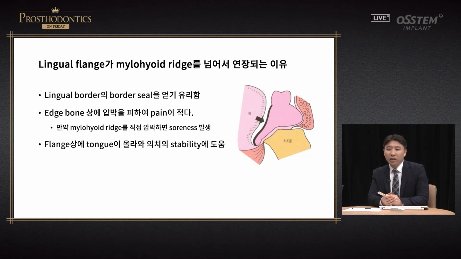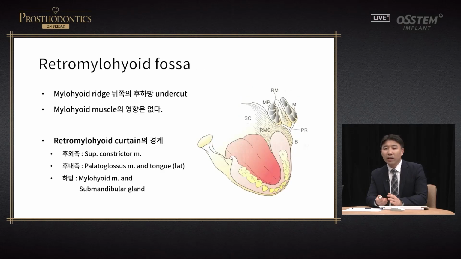The tongue goes on top here and provides a stabilization. Here's the ridge. If the denture ends here, the border can cause pain on the ridge. It is very important to do such extension, and such movement needs to be reflected in order to get the seal. Retromylohyoid fossa is very important.